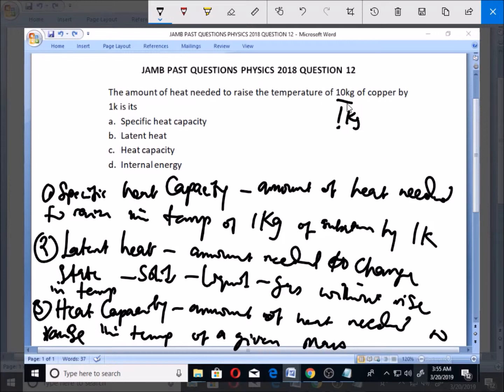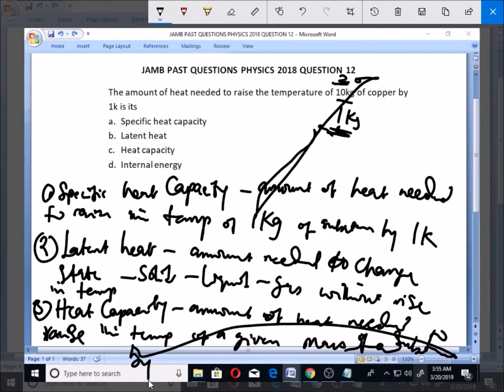So this is a given mass, 10 kg, it could be 20, it could be 30. So provided the mass is not 1 kg, then we'll call it a given mass of a substance by 1 Kelvin. So that is what heat capacity is.